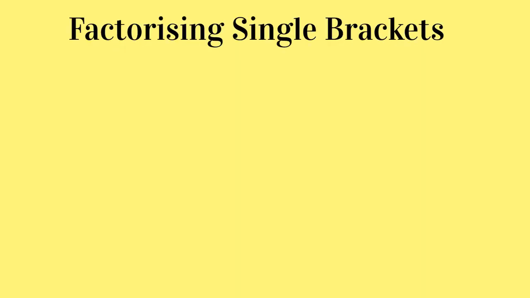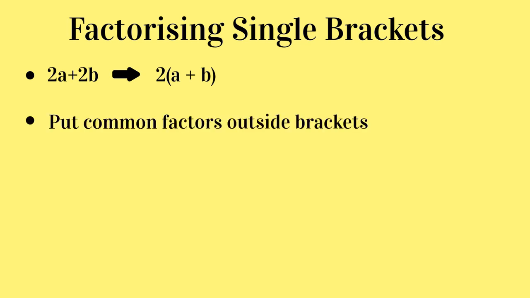Here is a summary on what we have learnt about factorising single brackets. Factorising means to put an algebraic expression into brackets. To factorise, we find common factors of the terms in an expression and put these outside of the brackets.